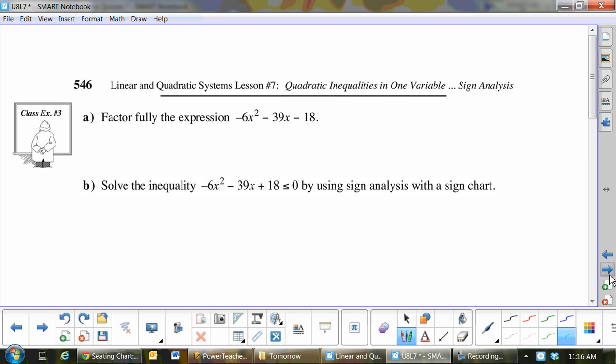Okay, actually take a negative 3 and then you're left with a nice positive. So 2x squared plus 13x plus 6. Okay, and just to speed things up, I'll factor this for you. x plus 6, 2x plus 1.